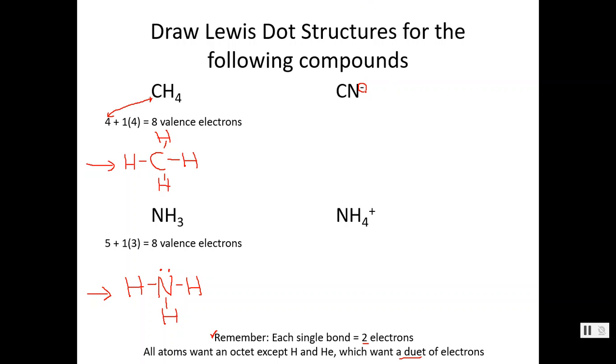Since this CN ion has a -1 charge, it has 1 more electron, so we have to add 1. In CN⁻, 4 valence electrons from carbon, 5 from nitrogen, 1 extra from that negative charge, so I have a total of 10 valence electrons.